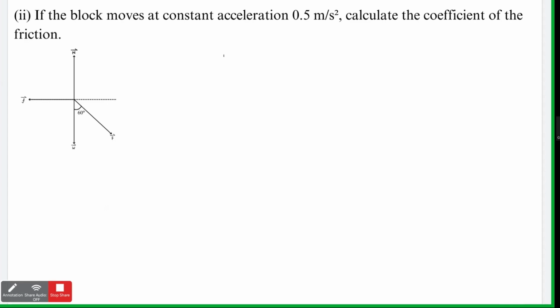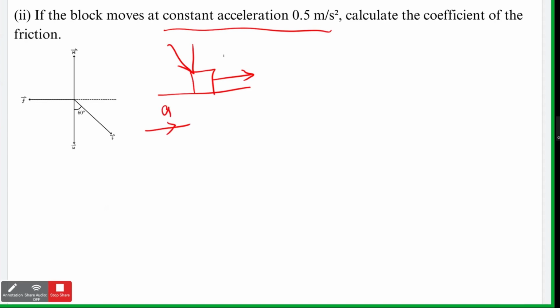A constant acceleration of 0.5 meter per second squared means that the block moves towards the right hand side, because the force is exerted on the block from upwards and towards the right. So motion towards the right is positive and the other side will be negative.